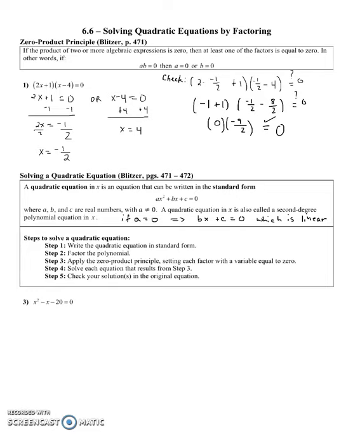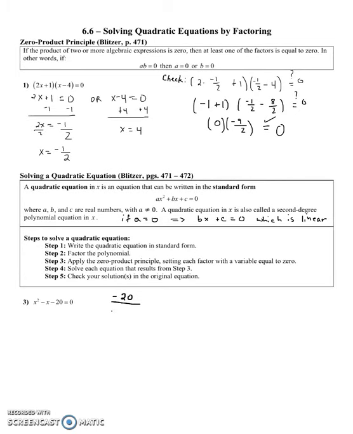So, for example, x^2 - x - 20. If we're going to factor that, we need two numbers that multiply to give us -20 and add to give us -1.